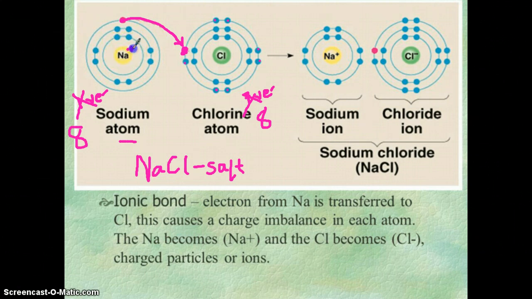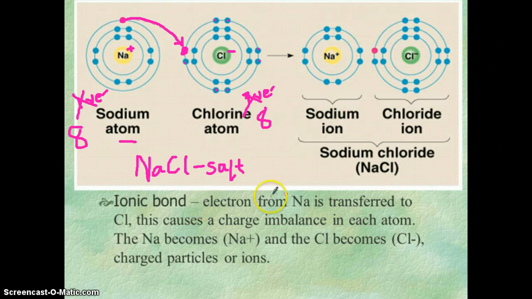Meanwhile, chlorine takes on an extra electron, so it is going to have a negative charge. The positive and the negative attract, and because they attract, those two are bonded. Even though they're not actually sharing electrons, they're bonded because of their charges, and they kind of stick together.